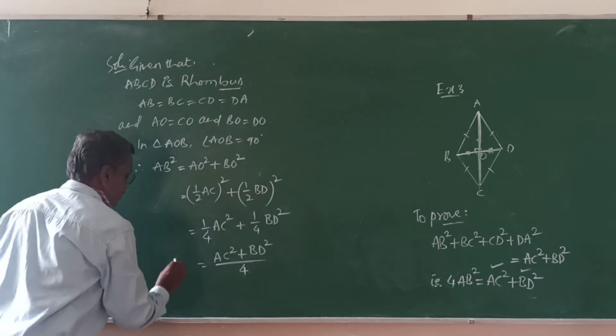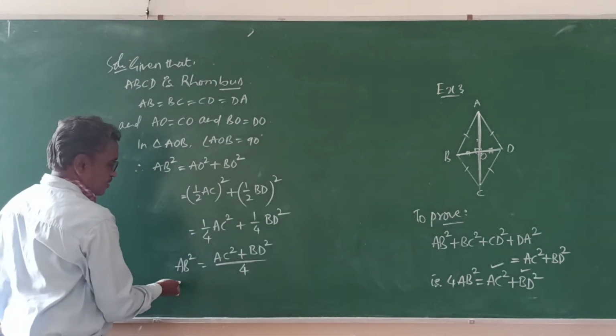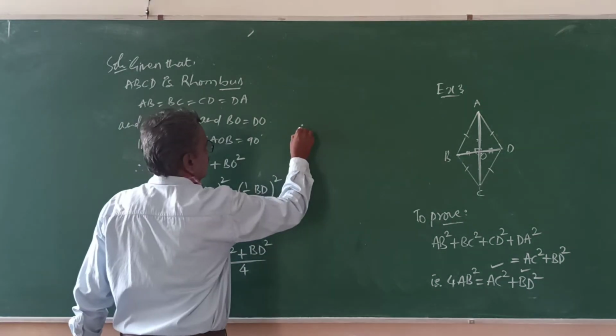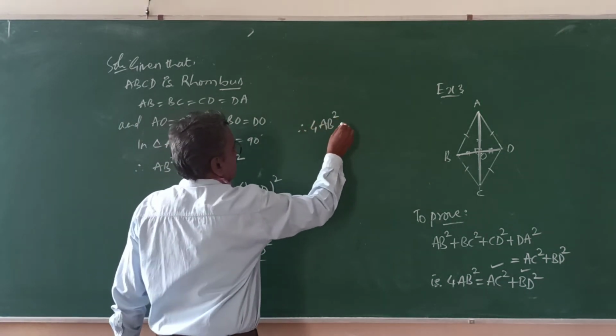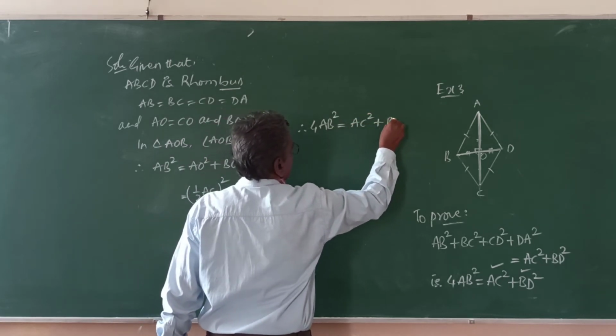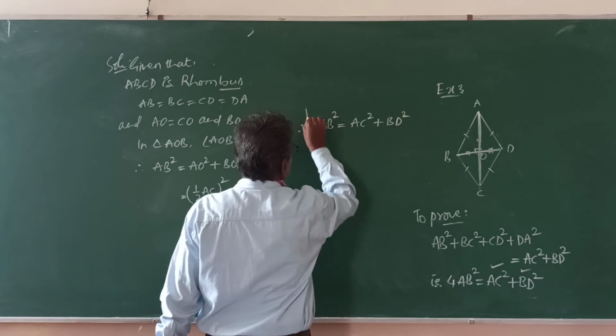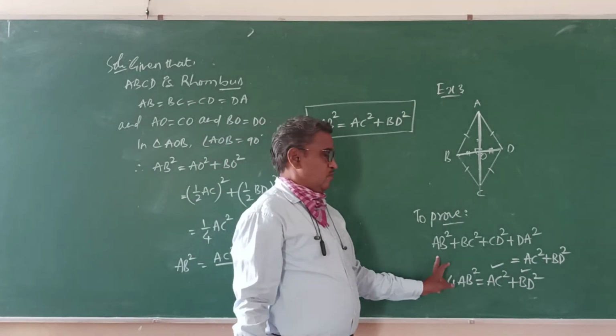That is AB square. Therefore, 4 into AB square equal to AC square plus BD square. This is the proof.